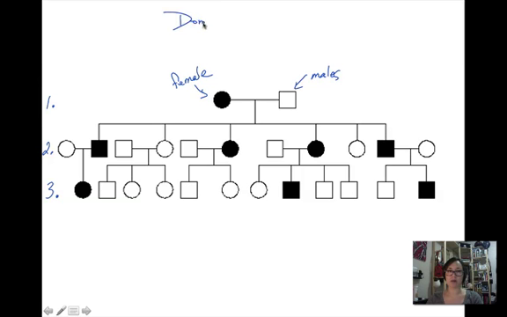So I'm going to go ahead and write that this represents a dominant trait. So we're looking at something that's dominant. Another thing that I notice is that I have roughly the same number of males and females with this particular trait. So right away I know that it can't be sex-linked. So instead, I know that this is an autosomal trait or an autosomal inheritance pattern.